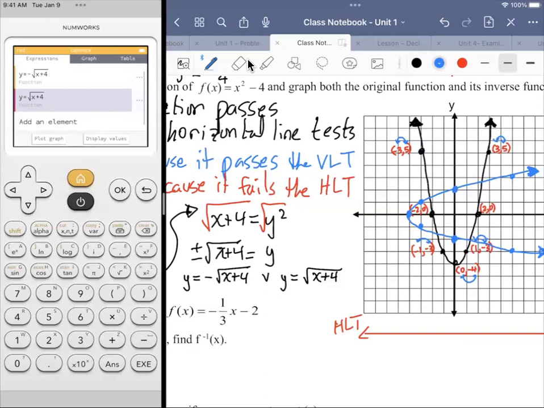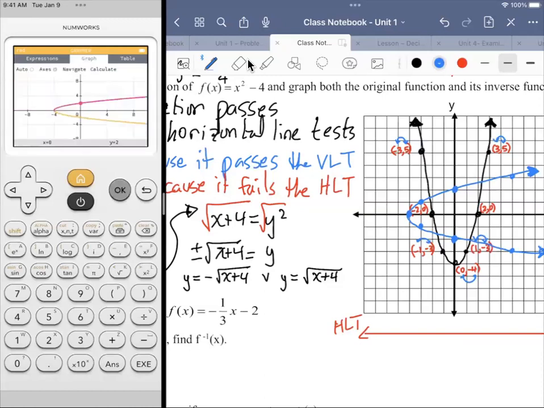Then you can go to graph, and you can see that it basically pieced together two separate functions and made the sideways parabola. But what we're looking at are two separate functions. The positive one's the top half, the negative one's the bottom half. So we don't actually create one single function that represents the inverse of the parabola. We look at two distinct functions, one separate from the other. Piecing them together makes the sideways parabola.